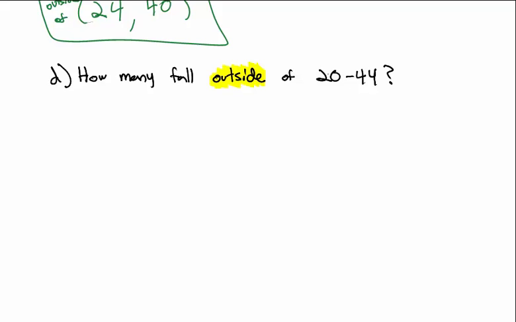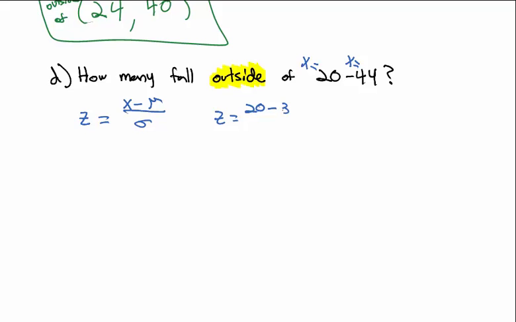20 and 44, those are our actual data values. Those are our x values. So we need to find our z values. Remember, z is x minus mu over sigma. So for our first one, z is equal to 20 minus the mean.